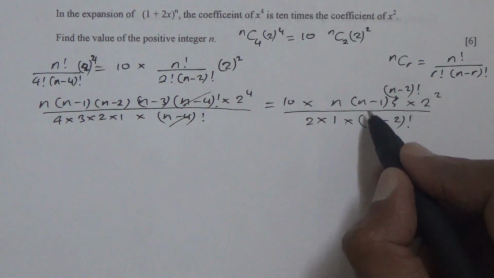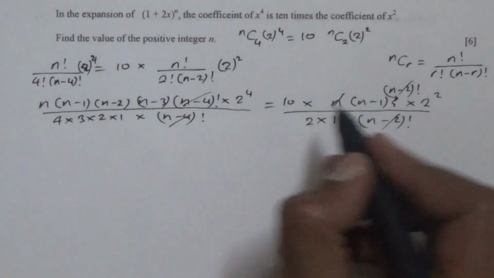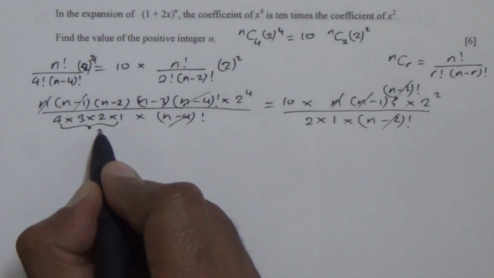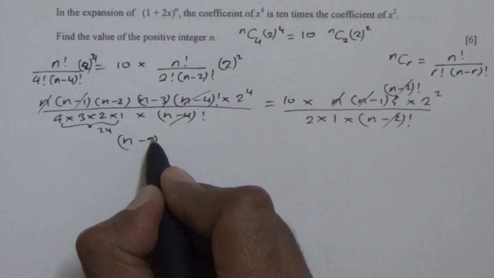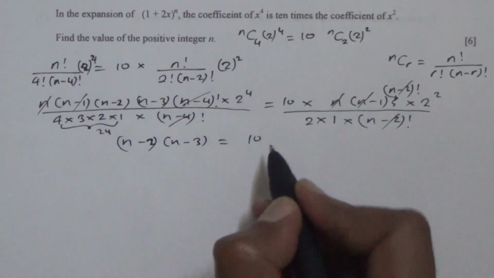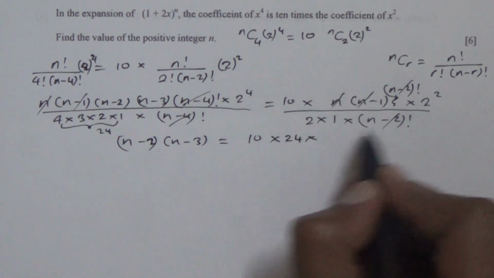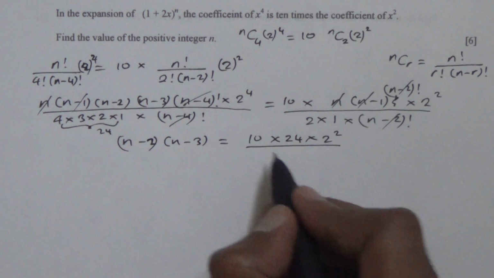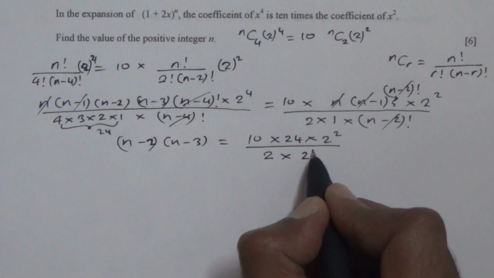This and this can cross out, and n minus 1 cross out here, so all of that is 24. So I've got n minus 2 times n minus 3 equal to 10, and this 24 can go on the other side, times 24 times 2 squared, all divided by 2 times 1, and this, when it goes to the other side, becomes divided by 2 to the power 4.